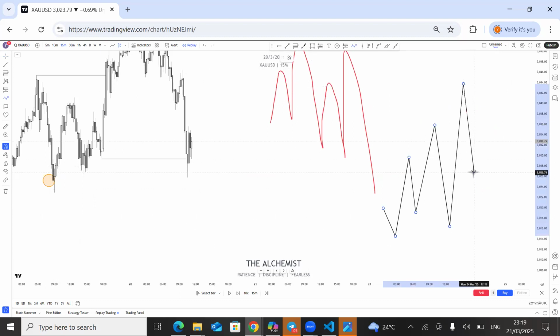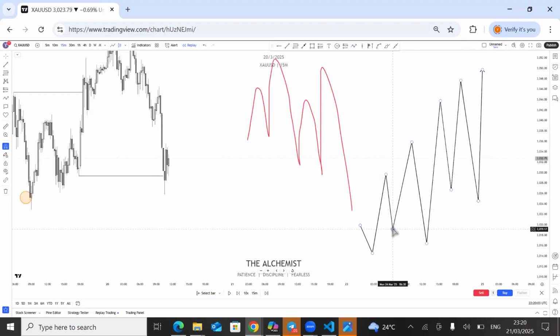It comes back, forms another internal range liquidity, goes up, comes back, sweeps that internal range liquidity, goes up, and breaks the external range liquidity. That's why you always see the market move from IRL to ERL. You have to understand those things too, because the market must always move like that in ranges.